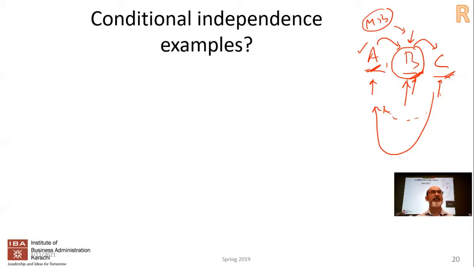So this is a chain in which C, I'm claiming, can be independent of A given B. But let's think of other examples. Think of your examples. The example that I gave you may or may not make sense, but think of other examples in your lives where you have three events, where given the middle event, the third event is independent of the first event.